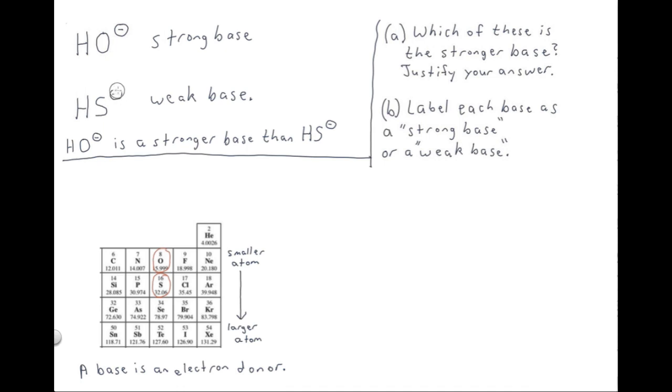I think I've discussed in previous videos that nature prefers it when charges can be spread out over a larger area. A charge that's spread out over a larger area is more stable, and a charge that's concentrated in a smaller area is less stable. That's why the atomic size matters. A larger atom is better able to spread out and stabilize its negative charge, and a smaller atom has less room to spread out and stabilize its negative charge.